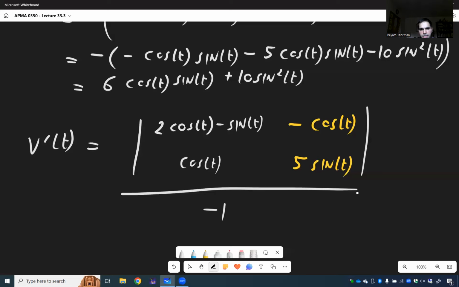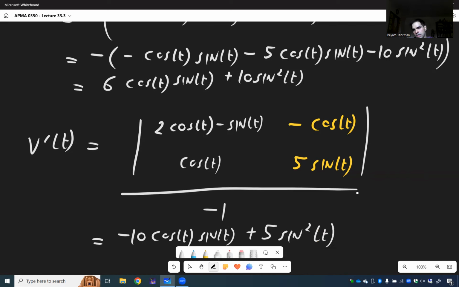And this you can see in the notes, and it becomes minus 10 cosine t sine t, and then plus 5 sine squared of t minus cosine squared of t.